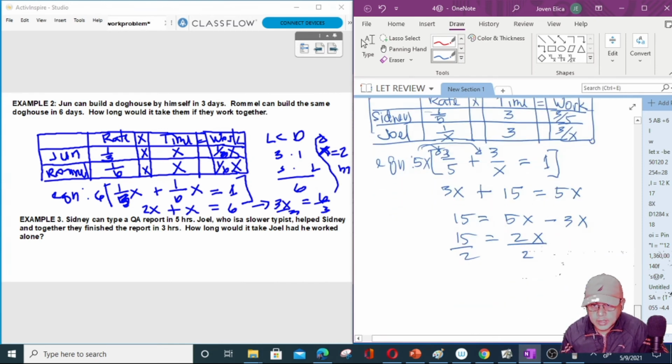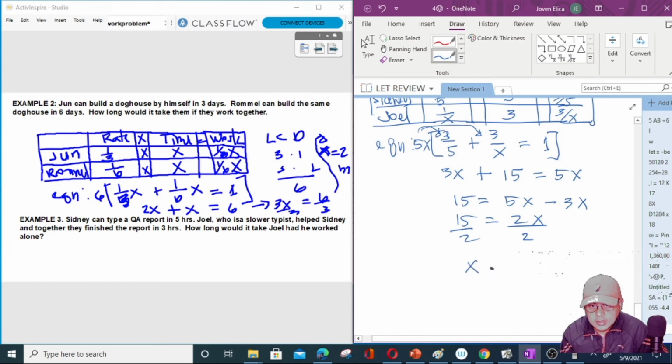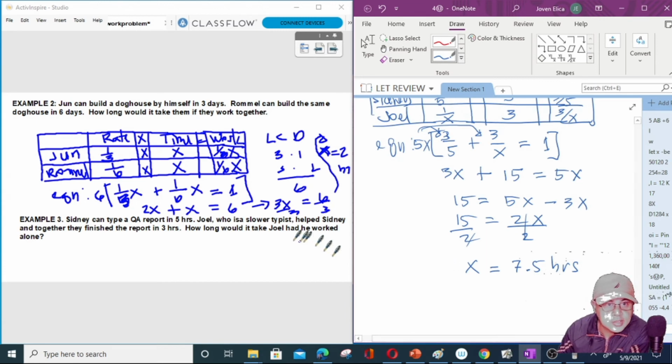The value of x is equal to 7.5 hours. This is the time for Joel to finish the job, 7.5 hours, because he is slower than Sydney. Sydney finished the job in 5 hours.